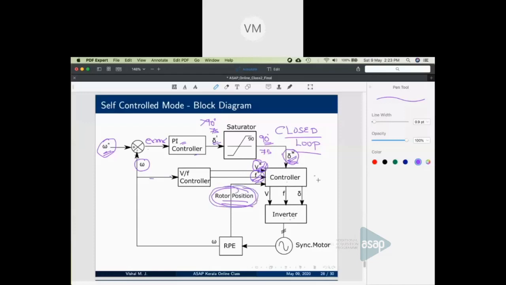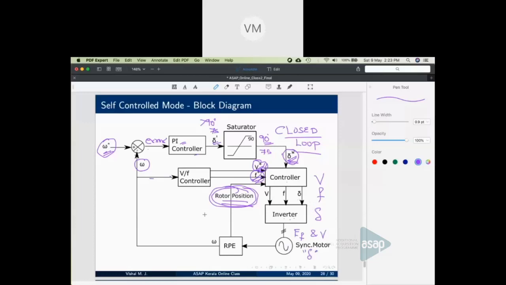So we control V, F, and delta with respect to the rotor position, and that will be impressed on the synchronous motor. This ensures that your EF and V are displaced by an angle delta, and delta can be as high as 90 degree if you want maximum torque to be developed by the machine. Hope the concept is clear.